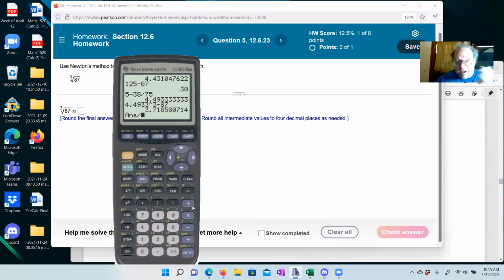Divided by 3 times 4.4933 squared. The squared will happen first, then the multiplication, and then the division. So we'll take this number divided by that number.